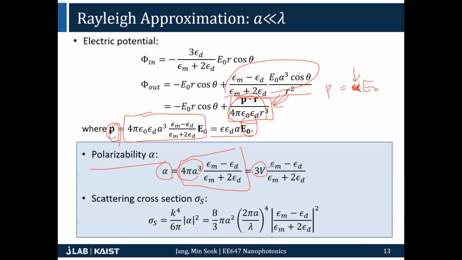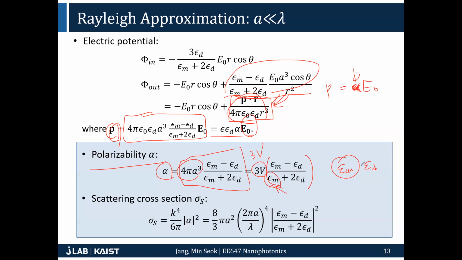So it's 3V, which means 3 times the volume of the sphere, multiplied by the permittivity of the material inside and the permittivity of the material outside. So epsilon_m plus 2 epsilon_d and epsilon_m minus epsilon_d. Okay, so that's the polarizability of this particle.